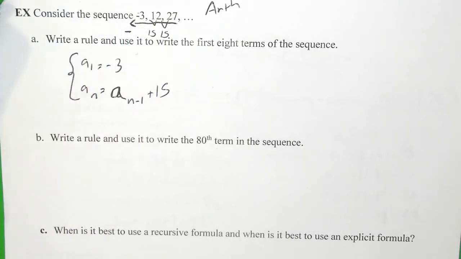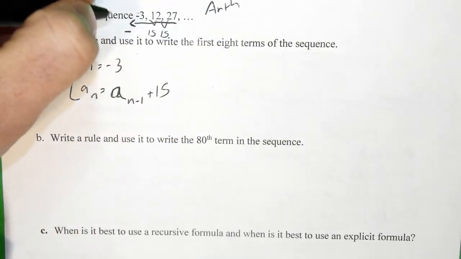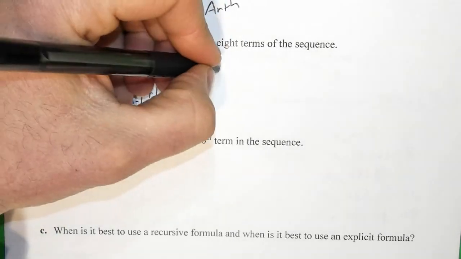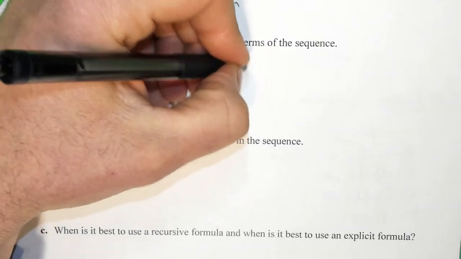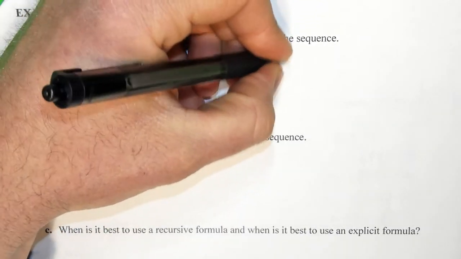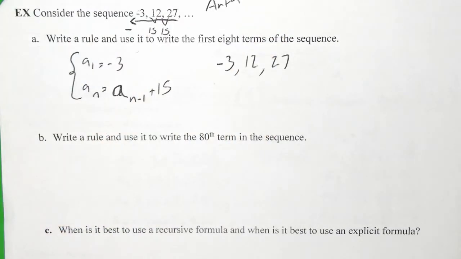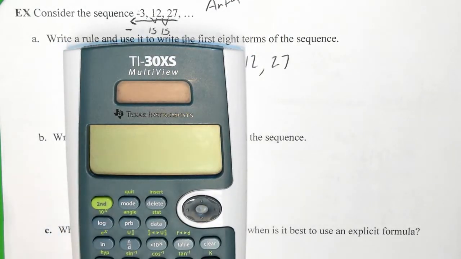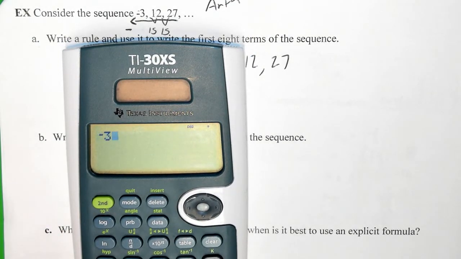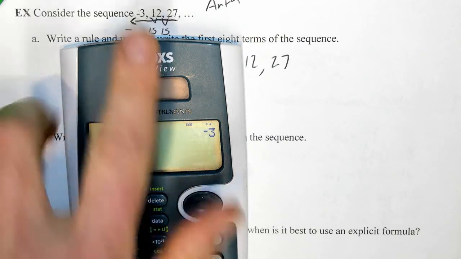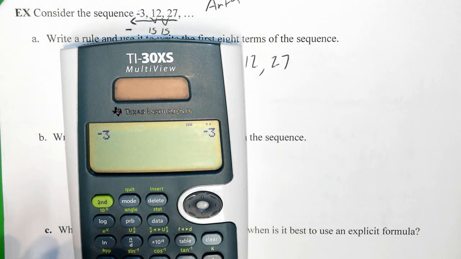Here's our recursive rule, and the way that I would use it is very similar to what I had done before. You can copy some of these first couple answers down, but I can also do the same type of thing that I had done in my calculator. I know that my first term is -3, and I also know that my common difference was 15.